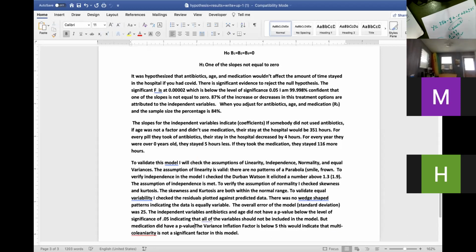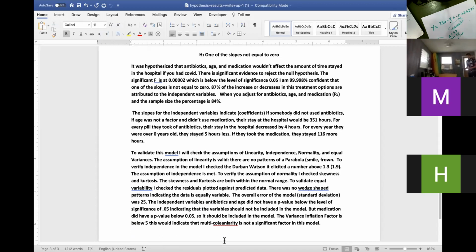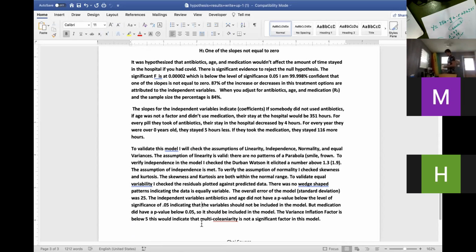So it should be included in the model. The variance inflation factors are below 0.05, indicating multicollinearity is not significant in the model.